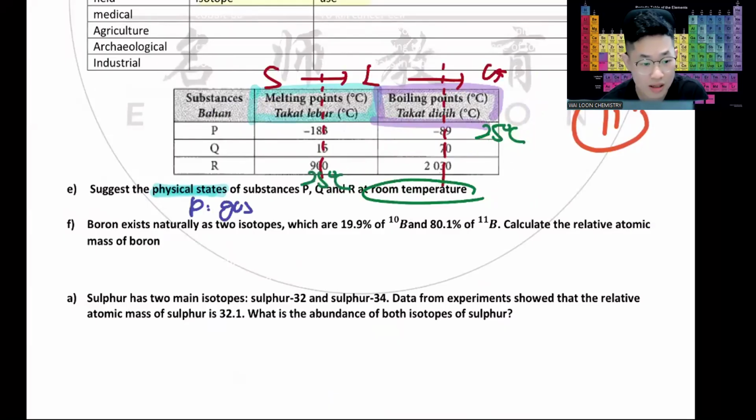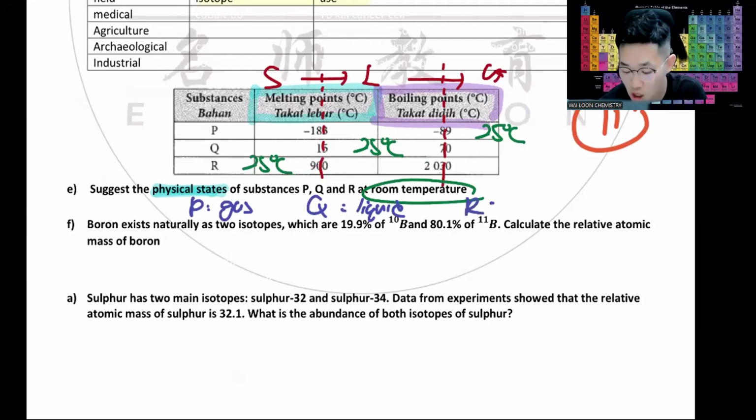This 25 is bigger than 15, but smaller than 17. So it is a liquid. And finally, this one, 25 is smaller than melting point. So it still exists as a solid. That means this temperature is not enough to melt the substance R yet. So it's still a solid.